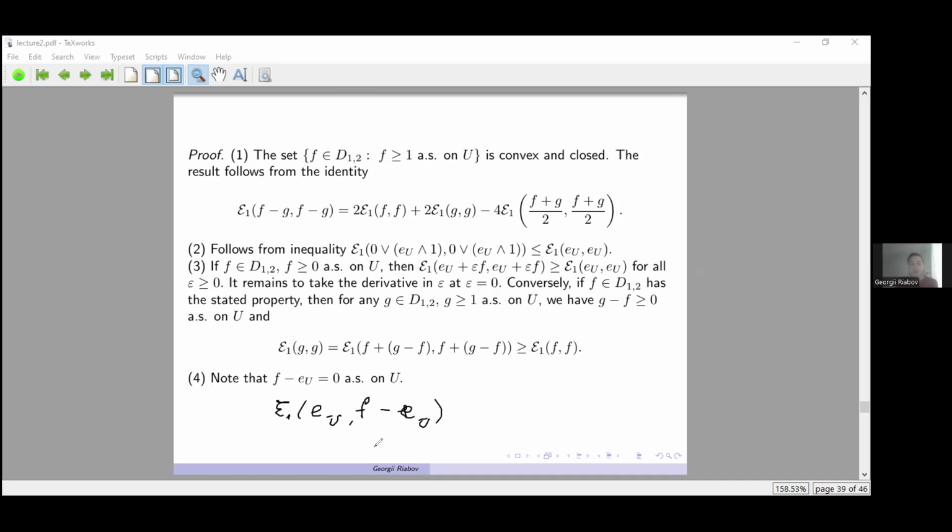By the third property, it is simultaneously non-negative and also non-positive, so it is equal to 0. Then the product of EU and f is equal to the capacity of U.